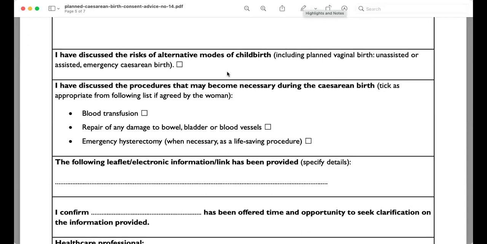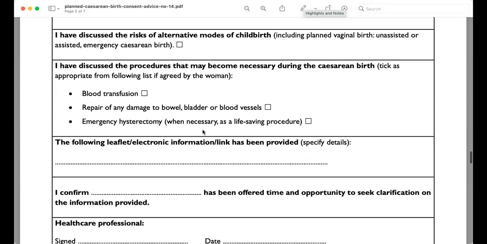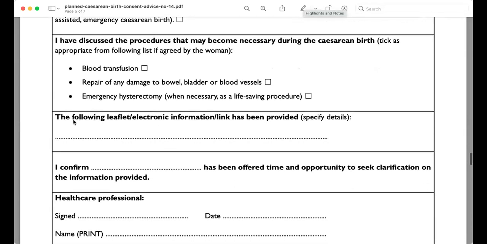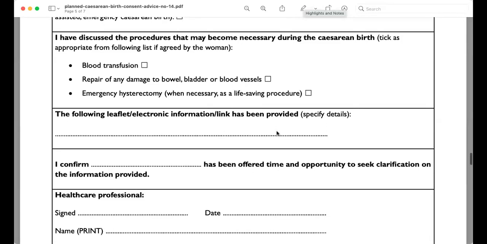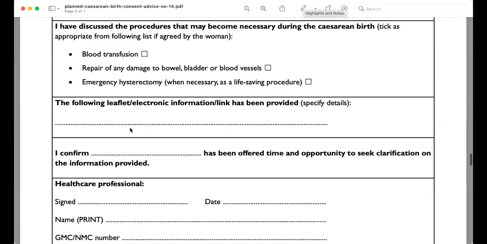For elective cesarean birth for breech, we have to mention both the procedure of ECV, and trial of ECV if it is applicable to the situation, or vaginal breech delivery. I have discussed the procedures that may become necessary during the cesarean, like blood transfusion, repair of any damage to the organs, or emergency hysterectomy. And here the following leaflet or electronic information has been provided, and you have to specify the details, okay?